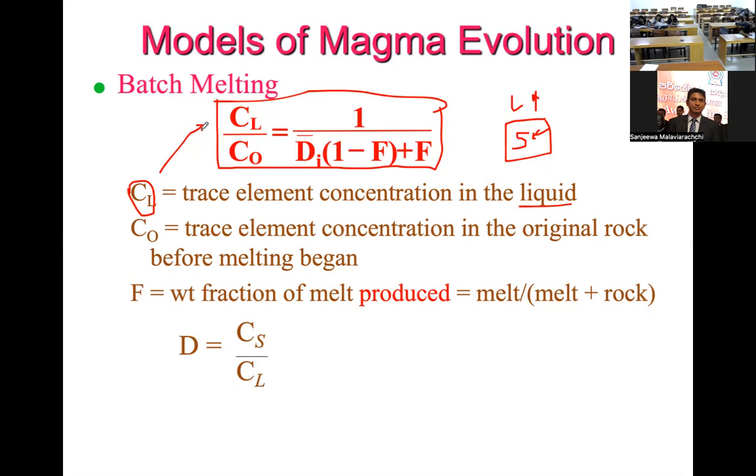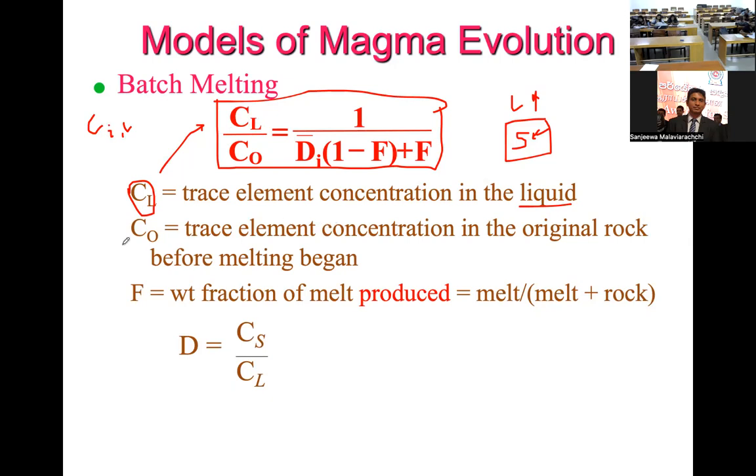Sometimes you might find this notation in a different way, like Ci,L, that means the composition of the ith element in the liquid. Because I1, I2, I3, likewise, you can take any element, so one by one, that's why I mentioned you have to calculate separately. In general, this is given as the concentration of an element in the liquid, Cl.